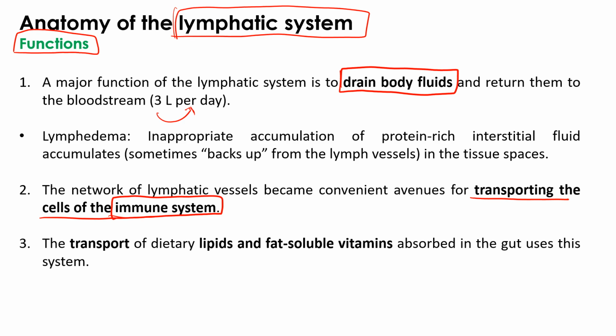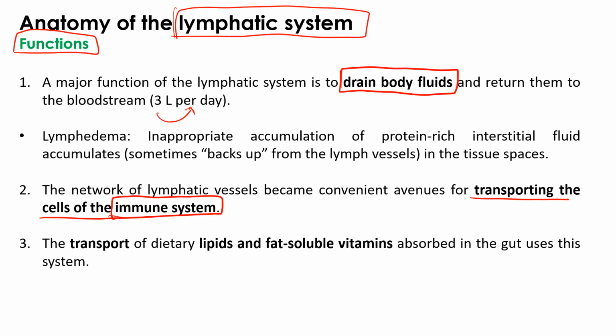Those lymph nodes that we have in the axillary region are called axillary lymph nodes. And sometimes, in order for doctors to remove the cancer, they have to remove these lymph nodes infected with cancer cells.